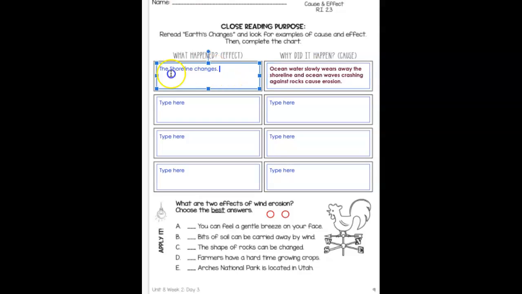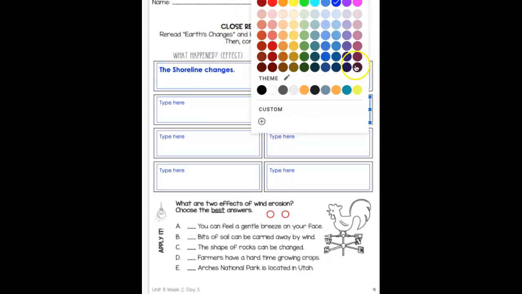Okay, so I have my effect, and then I have my cause.